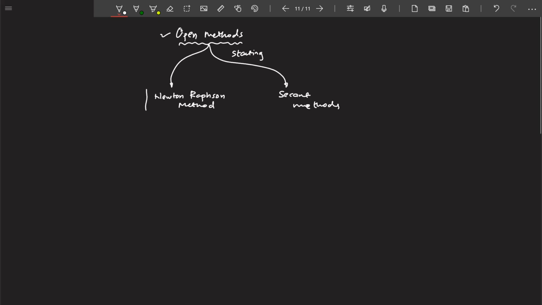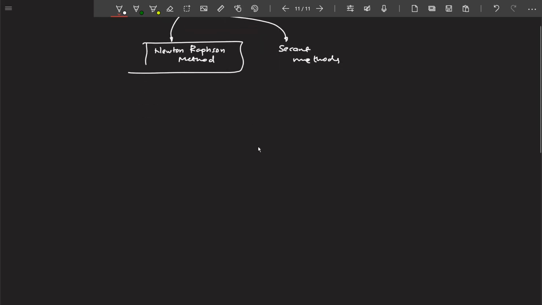So let us talk about the Newton-Raphson method. Again, the Newton-Raphson method is very simple. You just have to use one single equation, which is x_{i+1} = x_i - f(x_i)/f'(x_i), where i is the iteration.